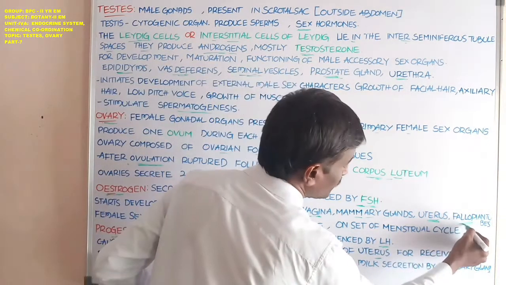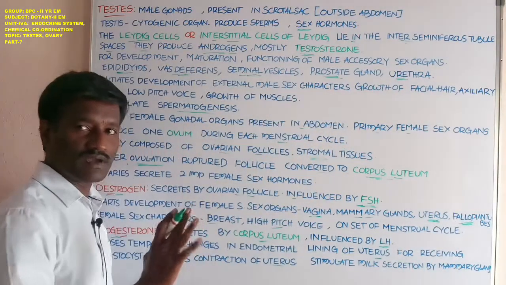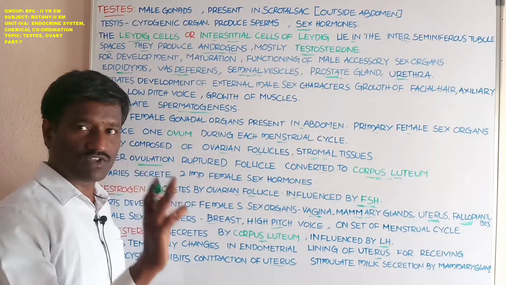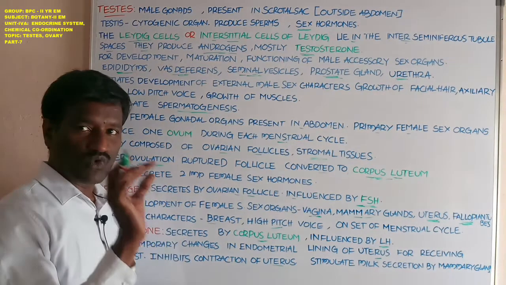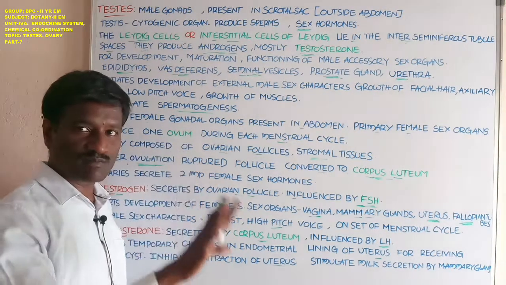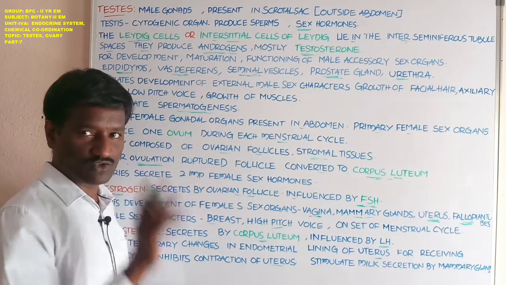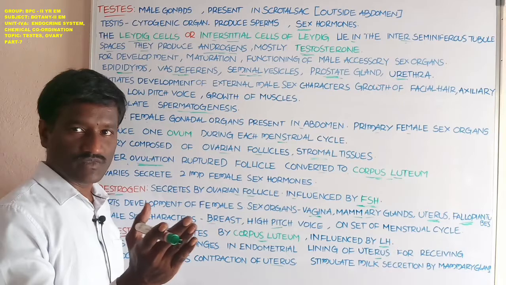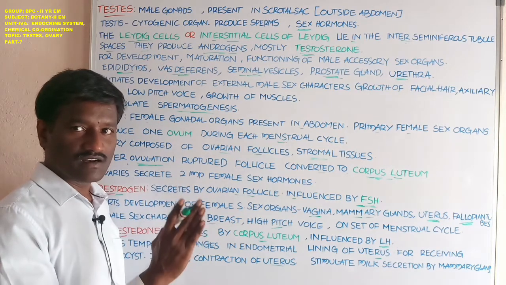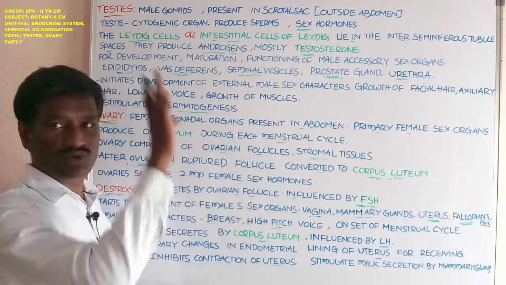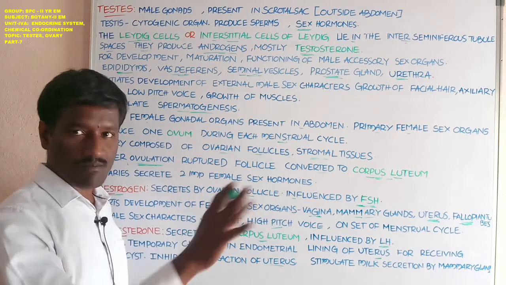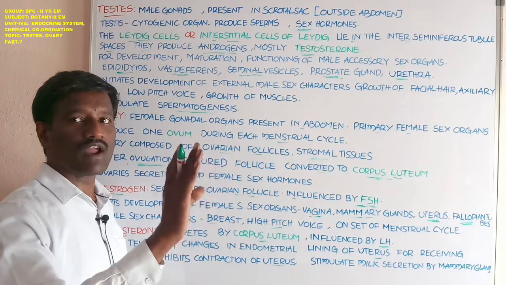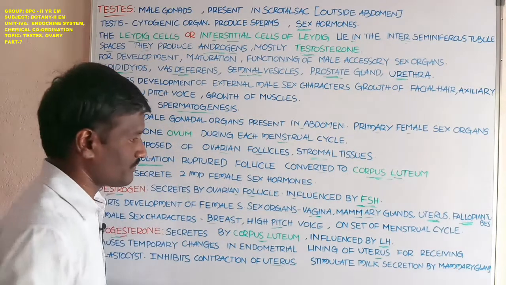Next, the fallopian tubes, one pair in number. Fertilization occurs in the lumen of the fallopian tube. The ova fertilizes with the sperm cell in the fallopian tubes. After fertilization, the egg is transferred towards the uterus for implantation, for attachment, until embryonic development is completed.